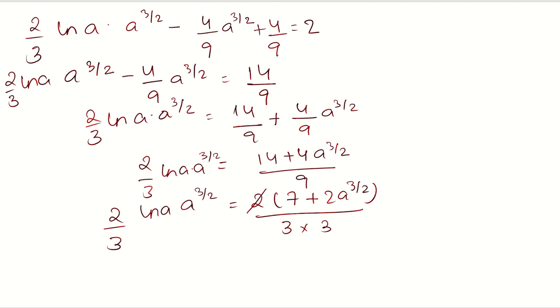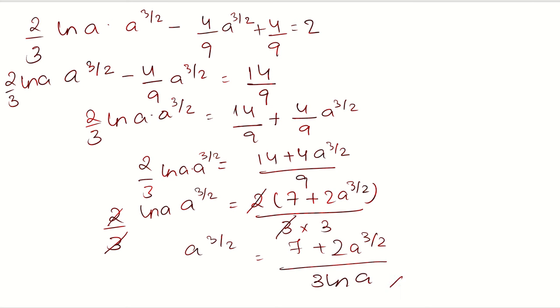So you can cancel these terms, and a^(3/2) equals (7 plus 2a^(3/2)) divided by 3 ln a. That's it. That's how you do it.